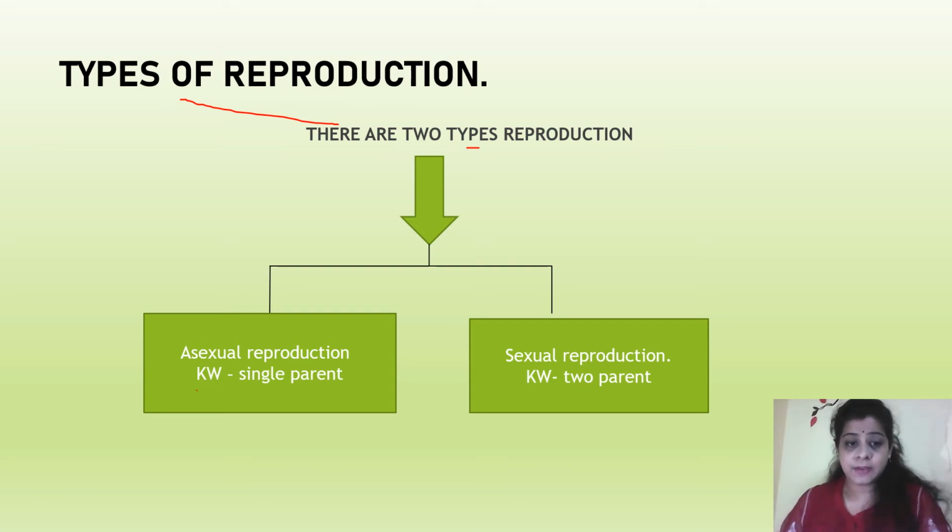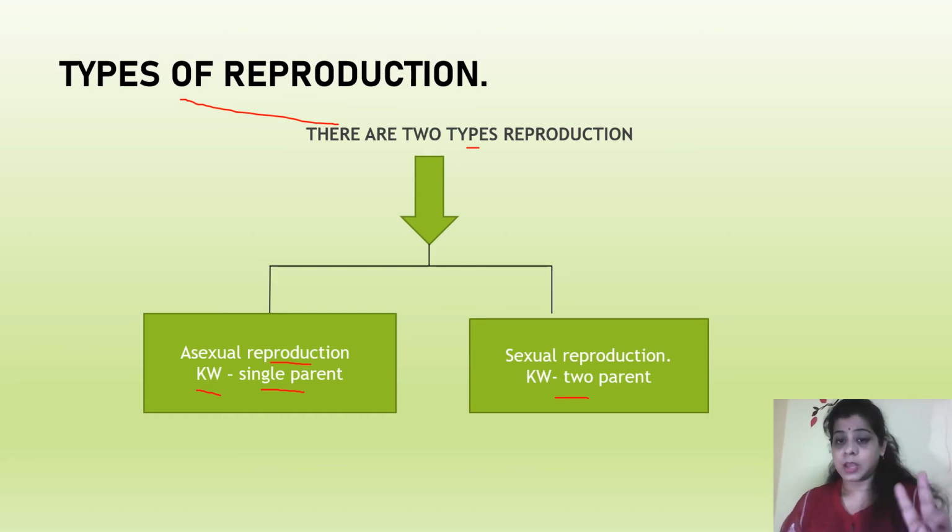What is written here as KV, I have written because these are the keywords. Now in asexual reproduction, only one parent is required. From one parent only, the plant reproduces and new offspring are born. But in sexual reproduction, two parents are required, meaning one female gamete and one male gamete.